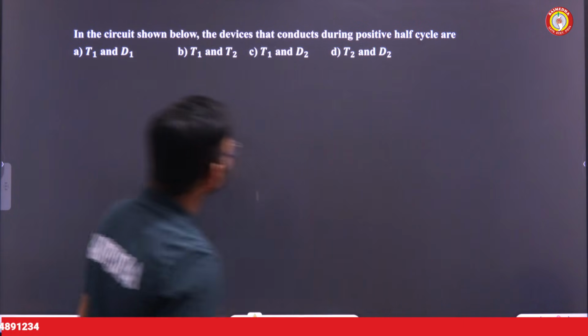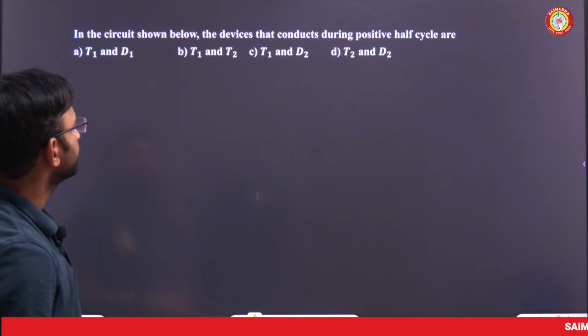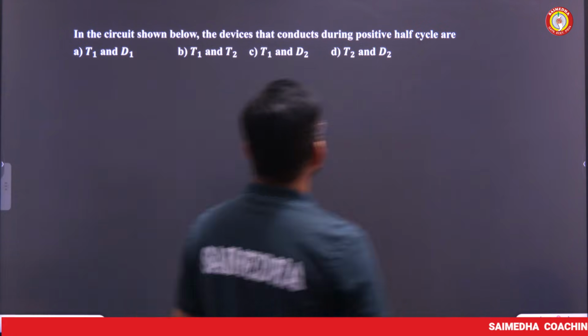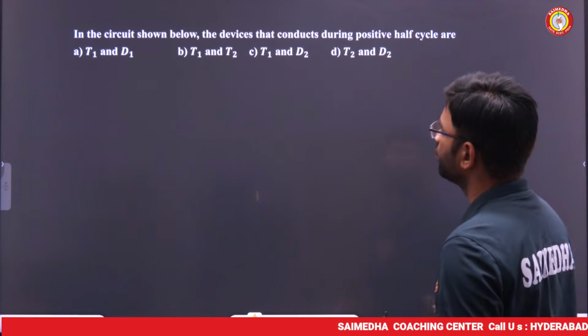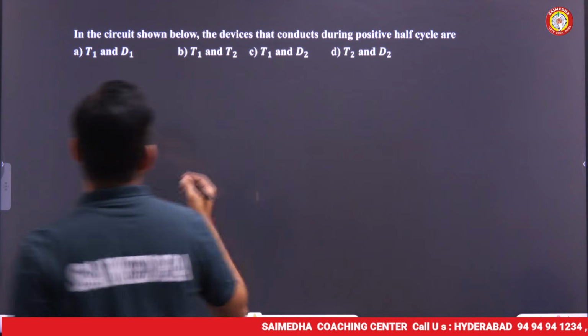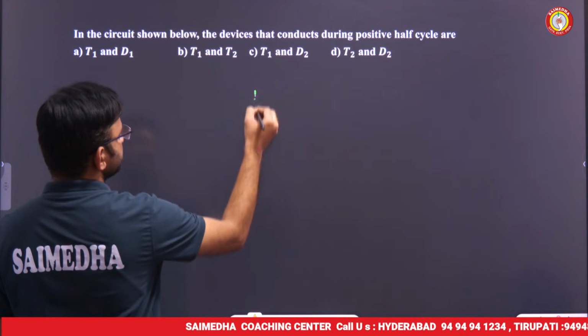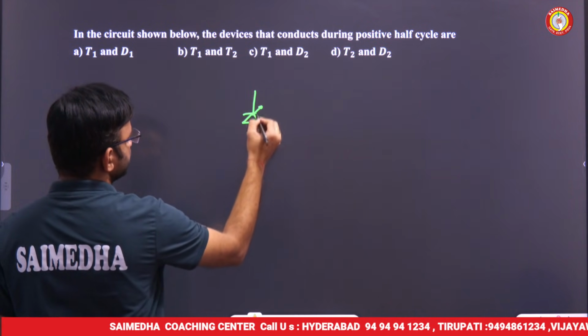Next question. In the circuit shown, which devices are conducting during the positive half cycle? The diagram is missing, so I will try to draw it.